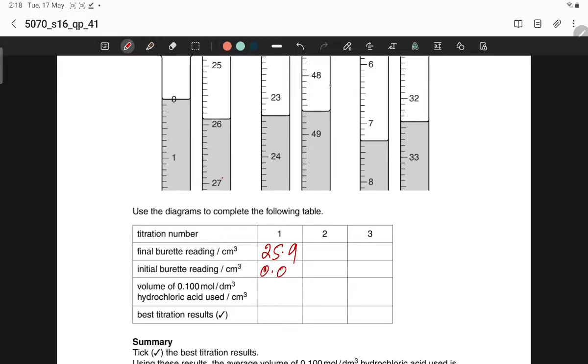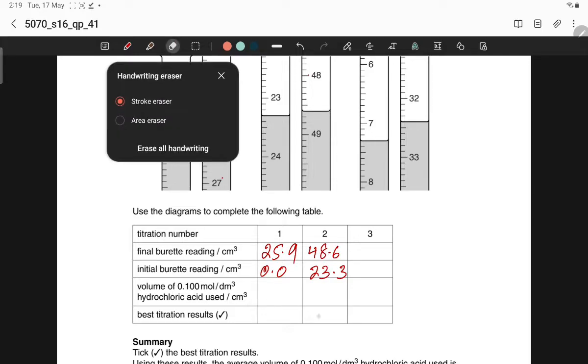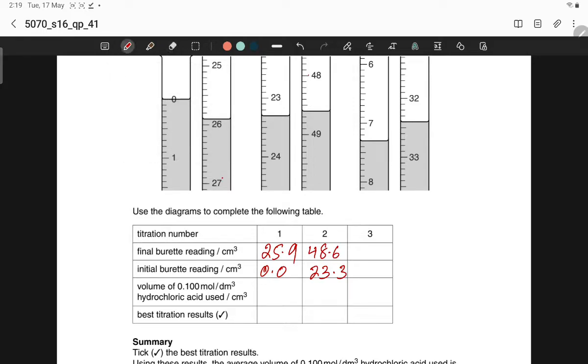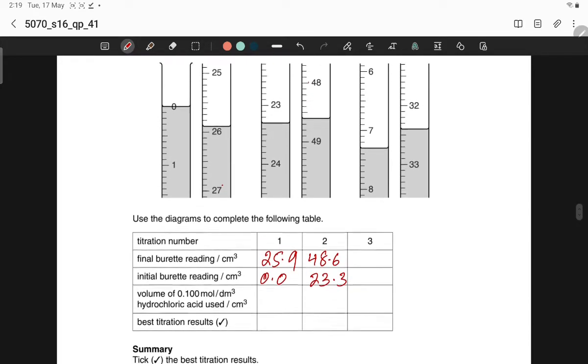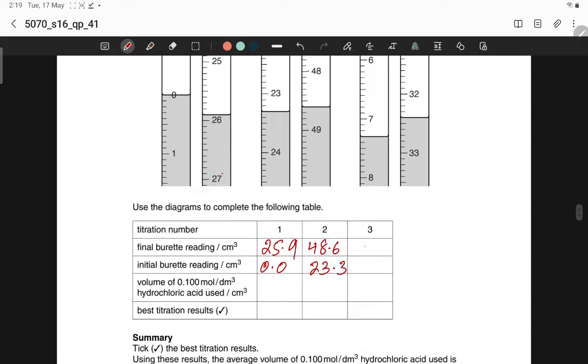Second titration, the final reading is 48.6 and initial reading is 23.3. Third titration, the final reading is 32.4 and initial reading is 7.3.